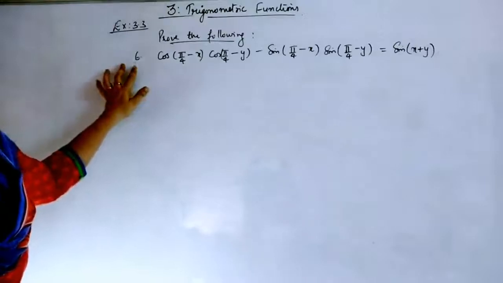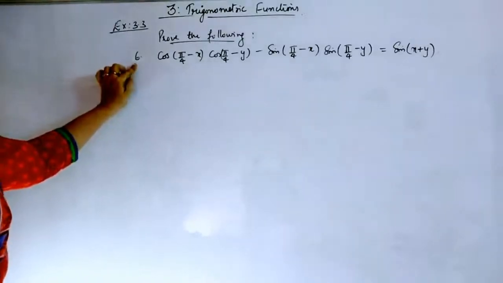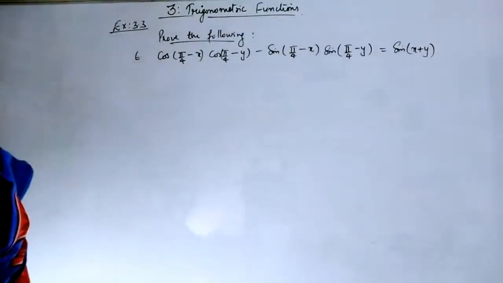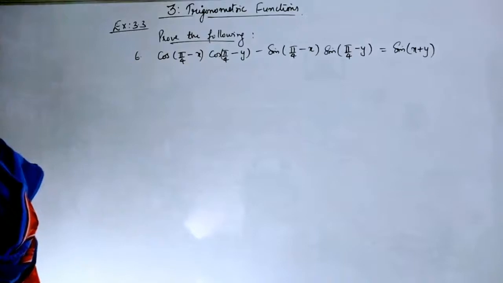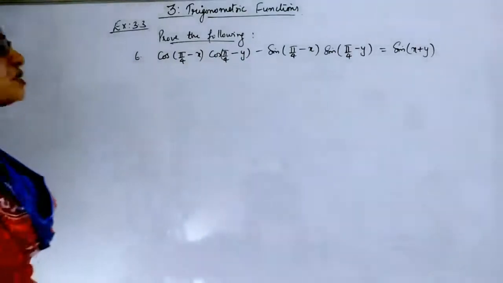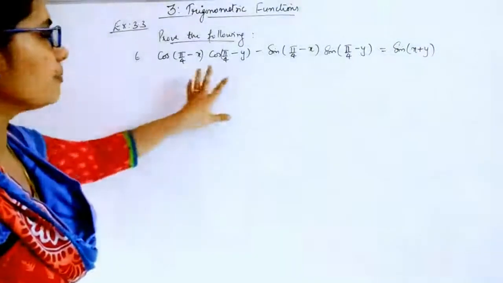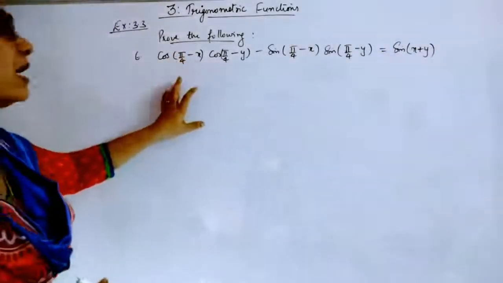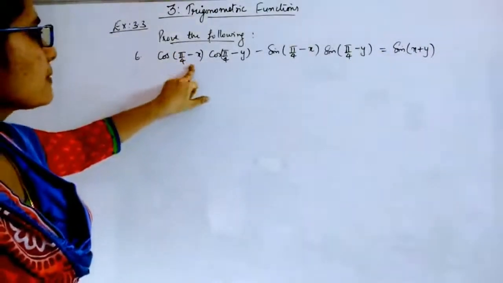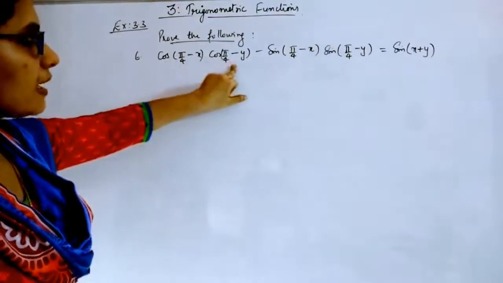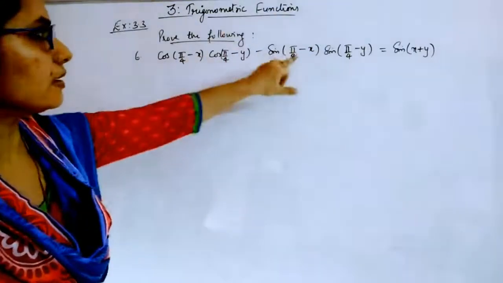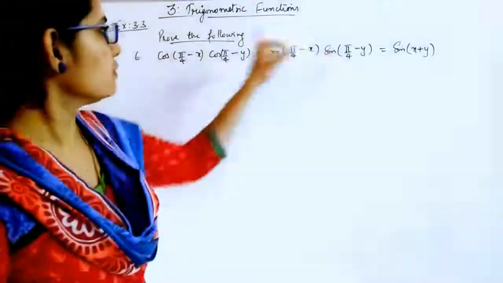Next is to prove the following. The first one, the sixth question, is cos of pi by 4 minus x into cos of pi by 4 minus y minus sine of pi by 4 minus x into sine of pi by 4 minus y is equal to sine of x plus y. Here you can compare with the formula you have studied: cos of some angle into cos of another angle minus sine of the same angle into sine of the second angle.